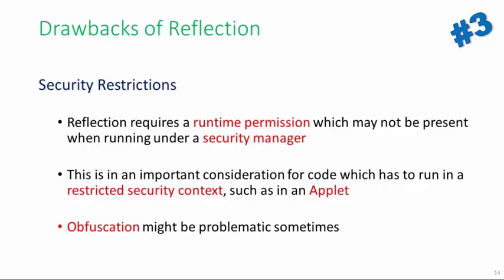How many of you know what it means to obfuscate code? Say that again? It's like a black box. Yeah, but it's at the bytecode level. So you actually compile your code so that you generate bytecode that is difficult to reverse engineer. So that's the key with obfuscation, it is a defense against reverse engineering.